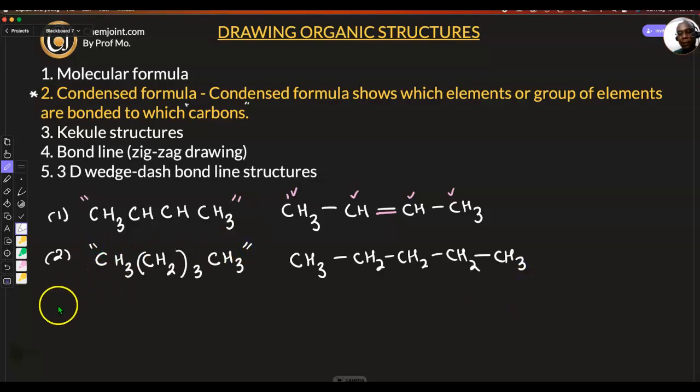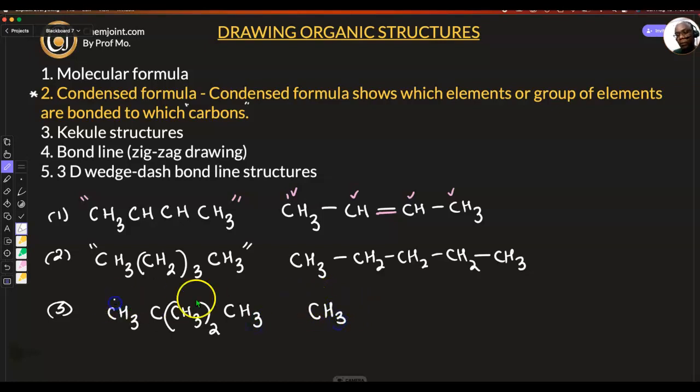Okay, so what if we have a CH3, and then we are given a C, and then in parentheses we are given CH3 twice, then we are given a CH3. In this one, this is carbon number 1, let's say, and this is number 2.